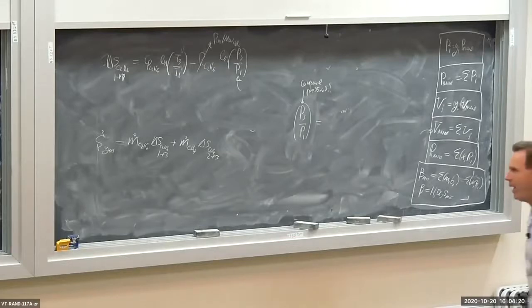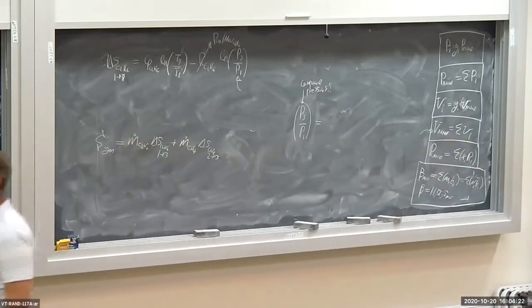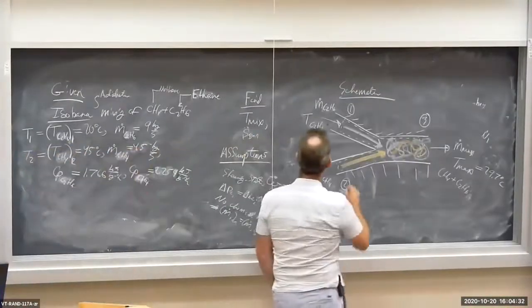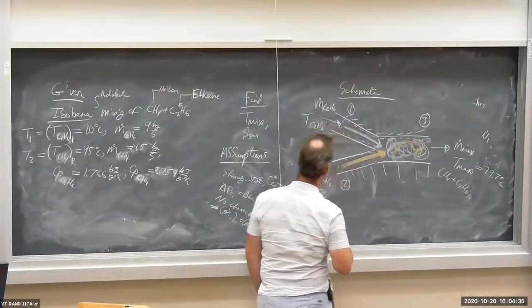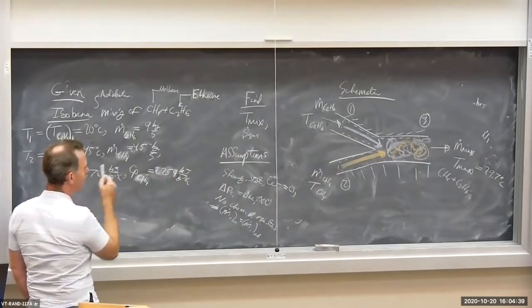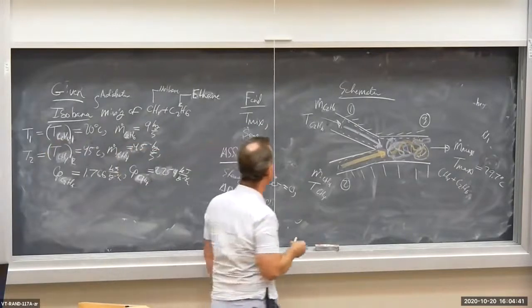Now let's look at our device here for a minute. The ethane comes in at some pressure. I don't know what that pressure is, but I do know the mixing process is isobaric.